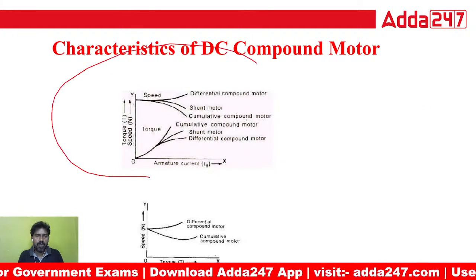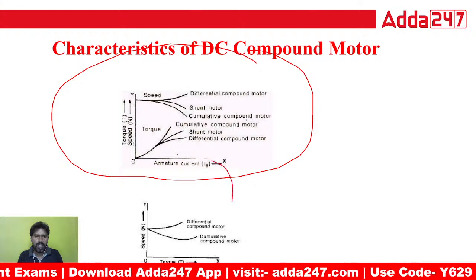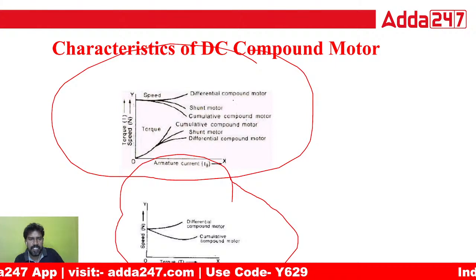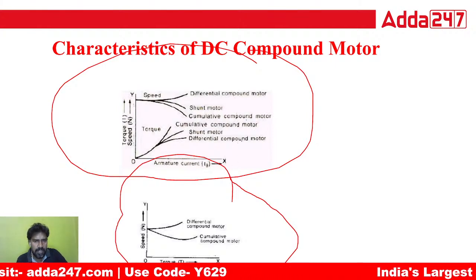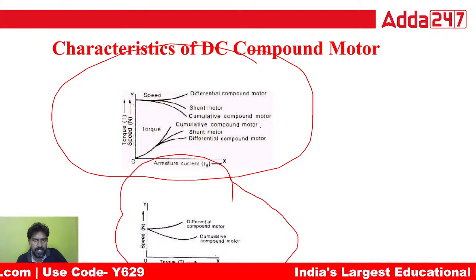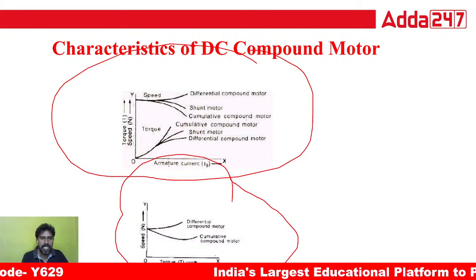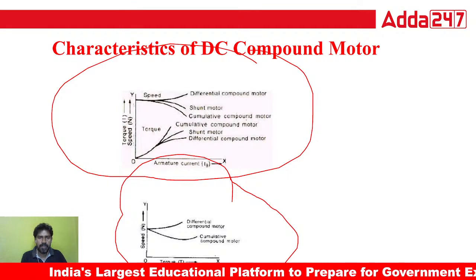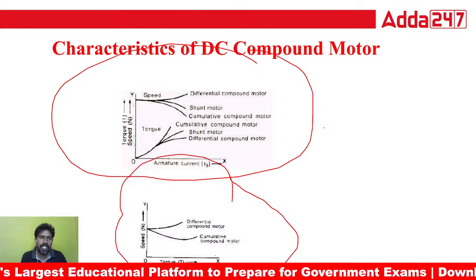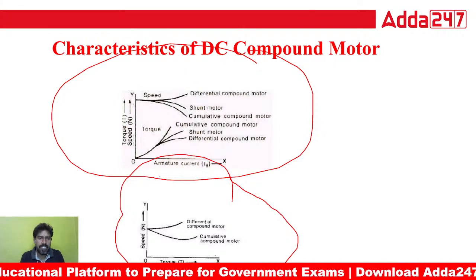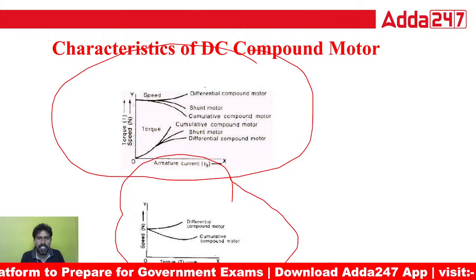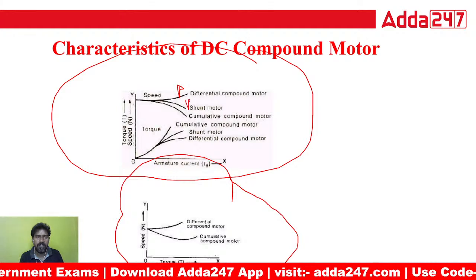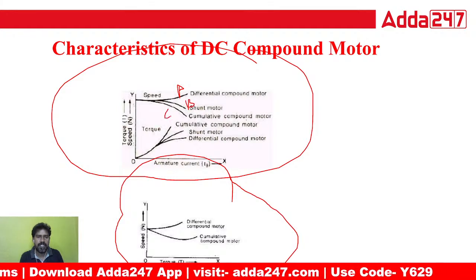In competitive exams, most of the time they give this kind of graph with speed and the other characteristics all included in one graph, and they label the curves A, B, C, D like this.